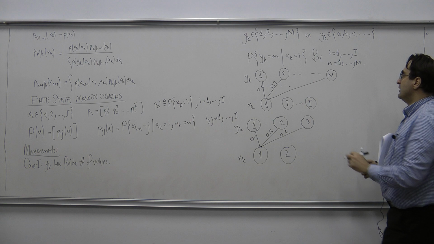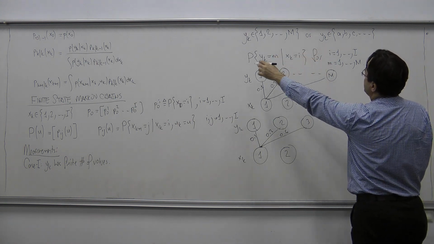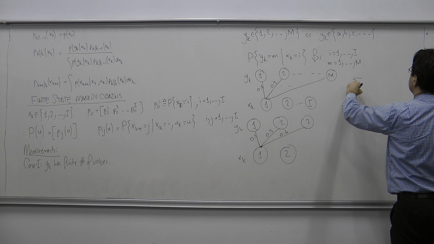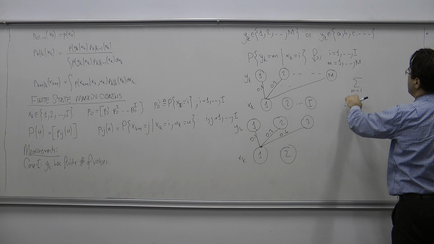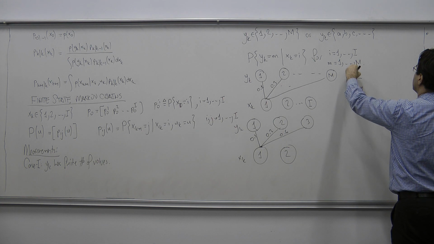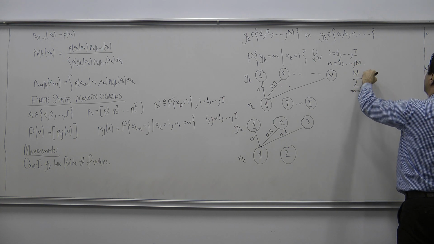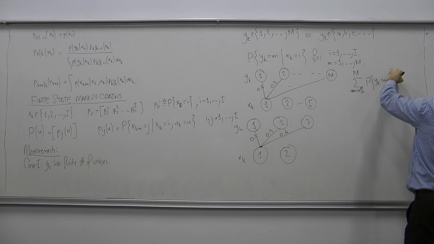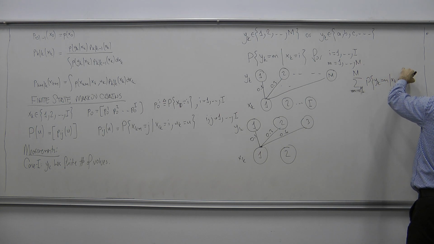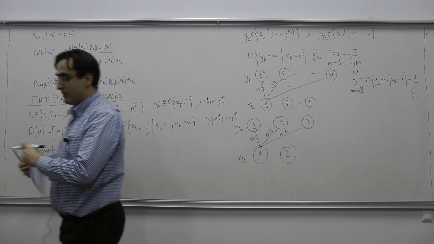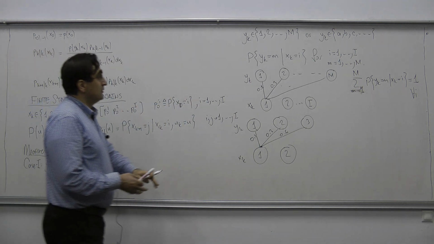So when you have these probabilities, you need to have the summation over m from 1 to capital M of the probability that yk is equal to small m given xk is equal to I, which should be equal to 1. This is true for all I. Why is that?